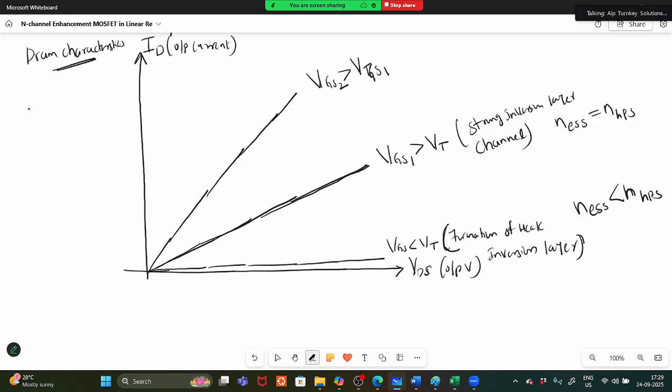So I can say that VGS is greater than VT and constant, and you are increasing VDS over a smaller range, greater than 0. If you increase it over a small value, the current increases linearly.